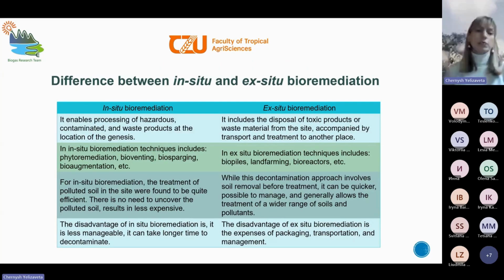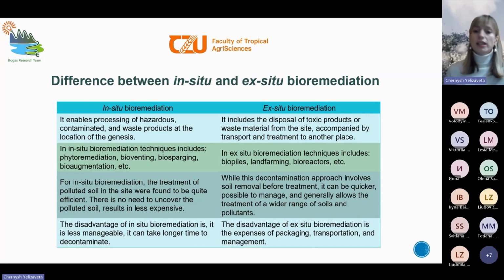Also, we can talk about in situ and ex situ bioremediation, which involve different techniques. It's possible to use some biopreparation in soil that has contamination, and it's possible to take, for example, the soil and have some separate processes in some bioreactor equipment used for this.